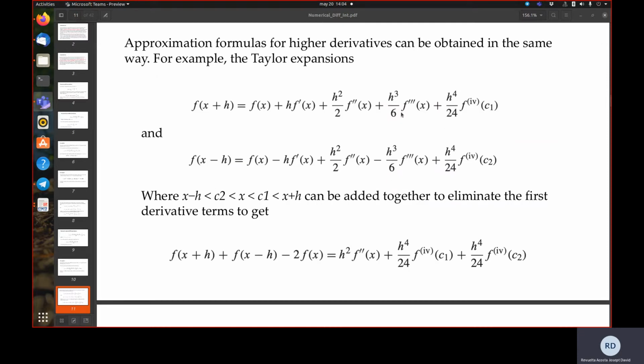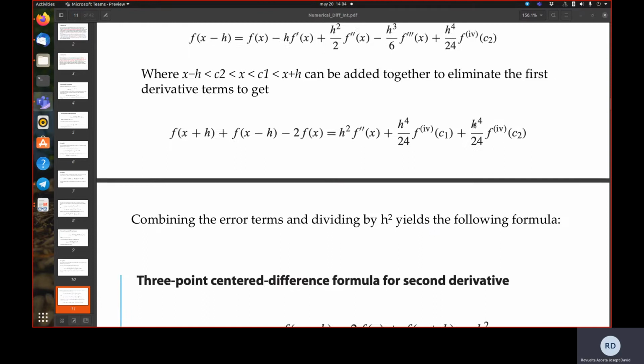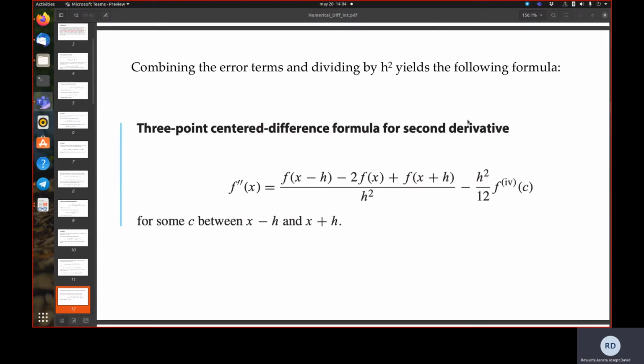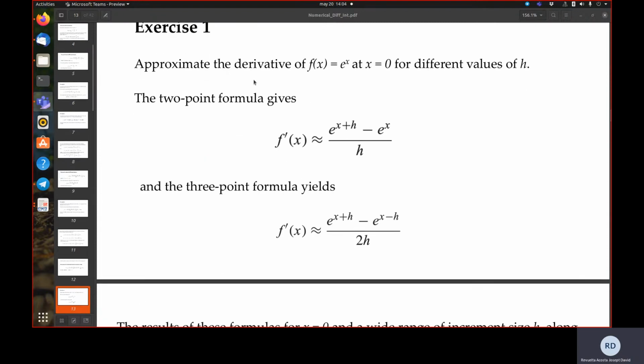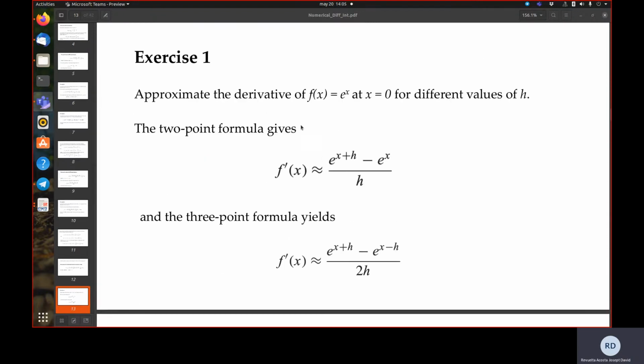Of course, we have to remember that we have to be able to deduce the error terms at the end of the series. For the second derivative, we had the 3-point center difference formula that we already deduced here, and we also applied an exercise using these two different formulas.